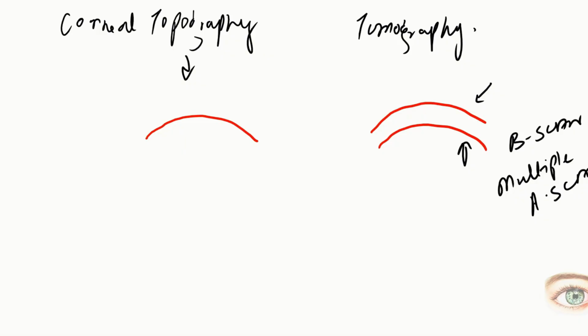Now, the corneal topography has the basis of keratometry. Keratometer was the first instrument we used to give us information about the corneal curvature and the corneal size. So, what is the basis of keratometry?